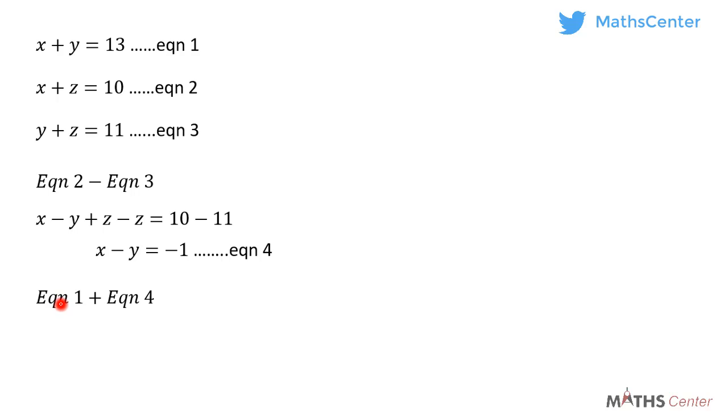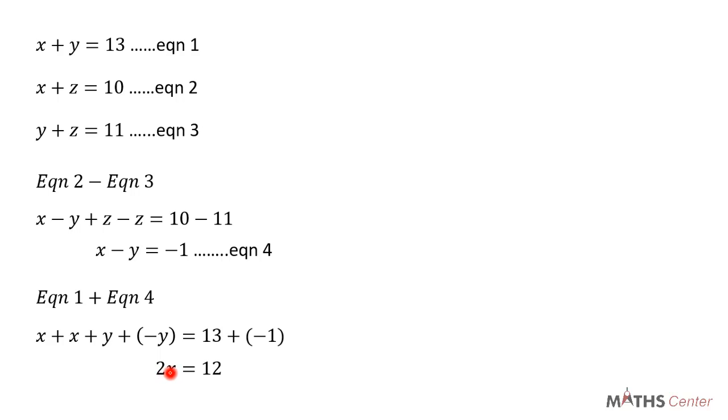I'm going to add equation 1 to equation 4 so that I can eliminate Y. When I do that, we will have x plus y plus negative y is equal to 13 plus negative 1. Y plus negative y gives us 0. X plus x gives us 2x.